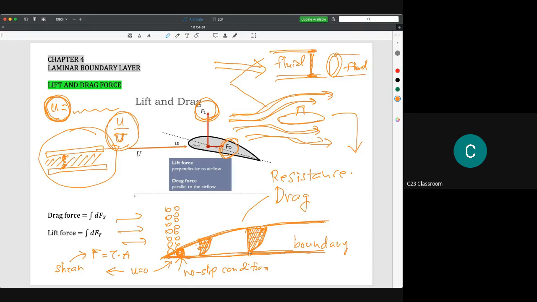The resistance means the viscous effect exists, because in some calculations of ideal flow, previously I introduced to you the ideal flow: uniform, source, sink, and vortex. In some ideal flow, you need to determine whether it is rotational flow or irrotational flow.